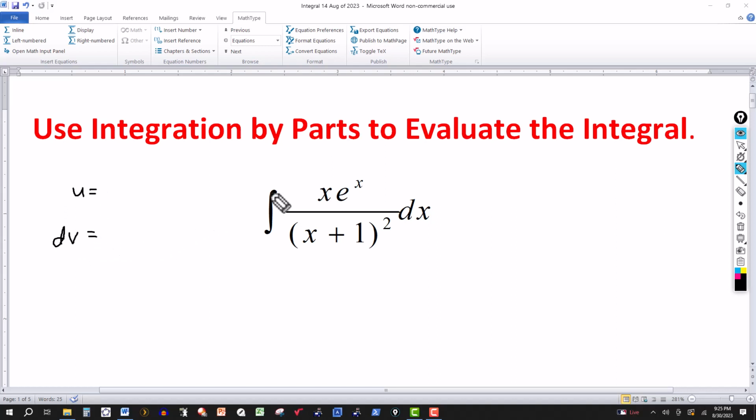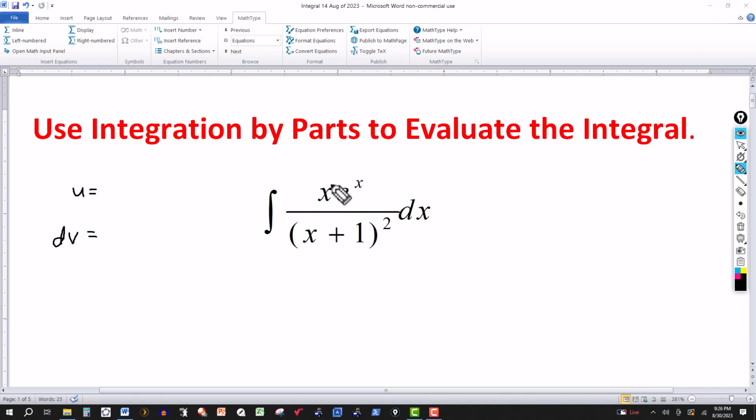So we can consider, say, the x e to the x as one part by itself, and the other one could be 1 over x plus 1 to the second power. You can integrate x e to the x, and you can differentiate it. The same thing for the second part, 1 over x plus 1 to the second.